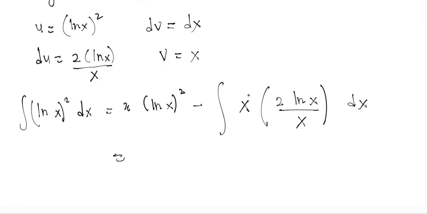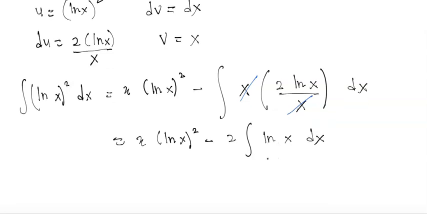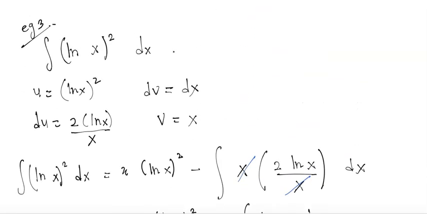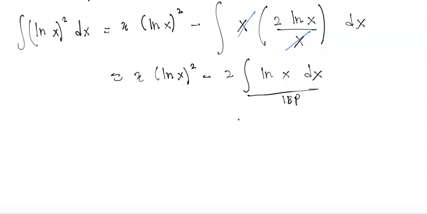Simplify inside the integrand. This one you will get only integration of 2 ln x. So your answer here is x ln x square minus 2, you can take out outside, so you get ln x dx. For this one, you have to use another integration by parts, just the same as before, example 2, where your u is now ln x only, and your dv is dx, u prime is 1 over x, v is x.